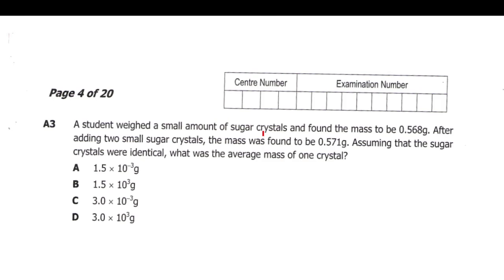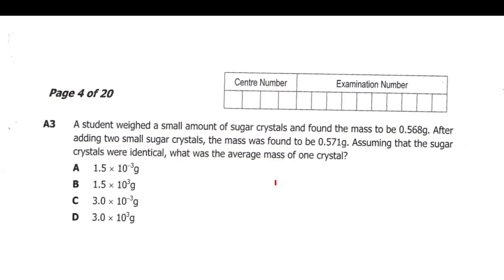So the student here measured the mass of some sugar crystals and found them to be 0.568 grams. Then he added 2 small sugar crystals. The mass was found to be 0.571 after adding 2 crystals of sugar. Assuming that the crystals were identical, what was the average mass of one crystal?